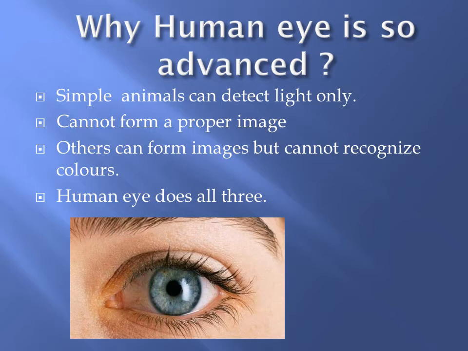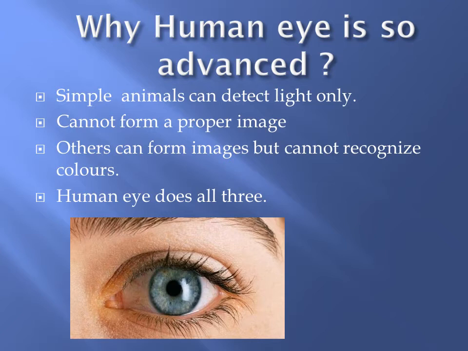Simple animals can detect light only. Who are the simple animals? Snail-like animals have simple eyes. They can detect light only, but they cannot form a proper image.